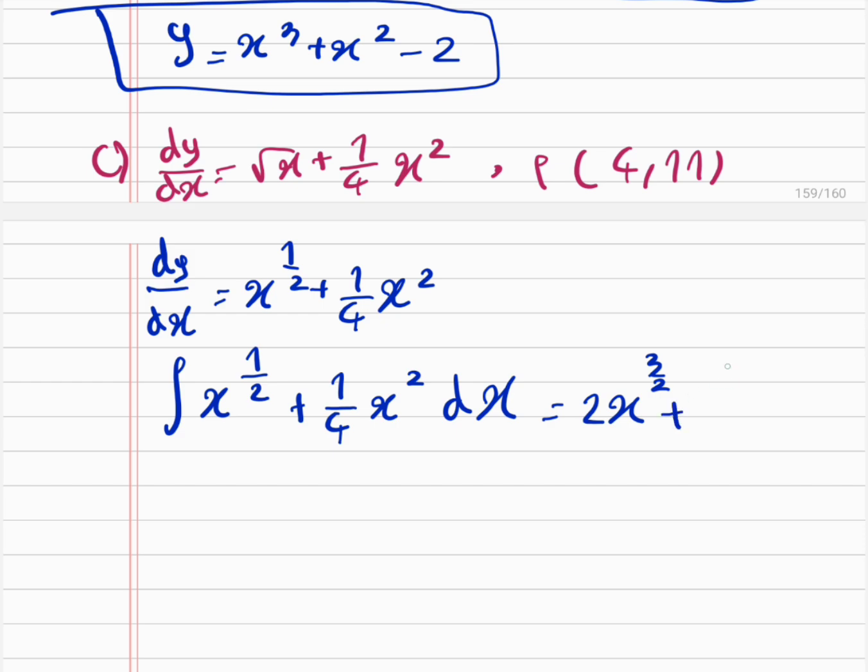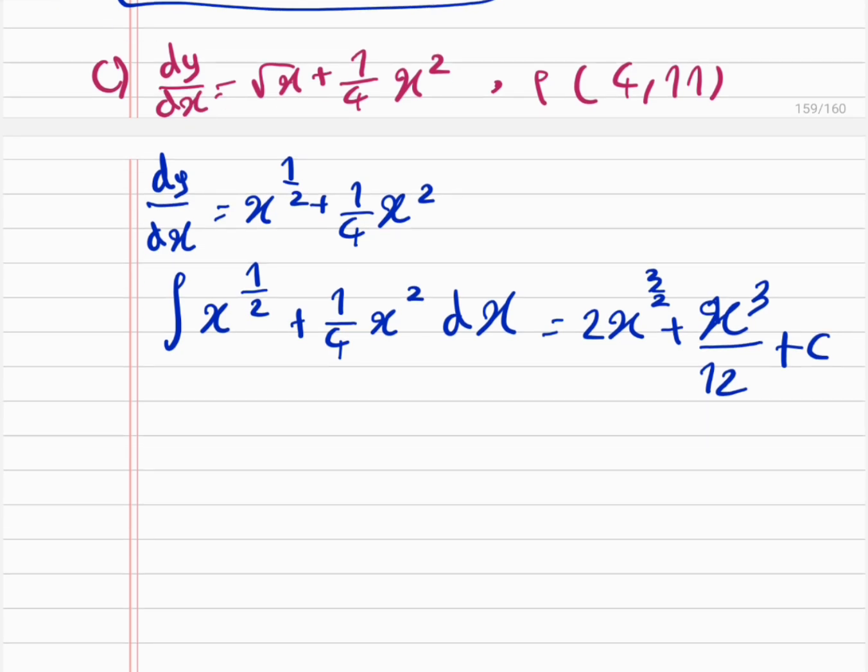And for the second term we get x cubed over 12 plus c. So now that we have the integral, we are in a position to find the value of c. So it's not a very nice function.